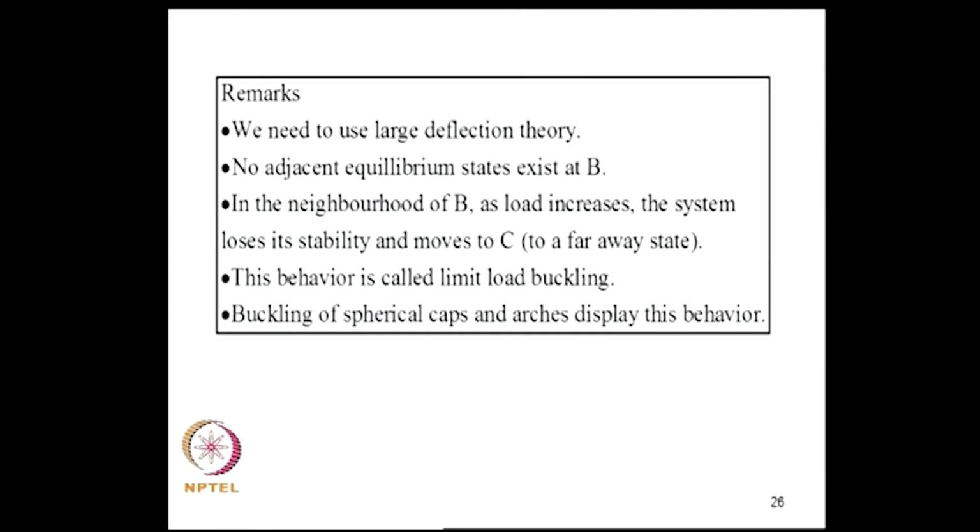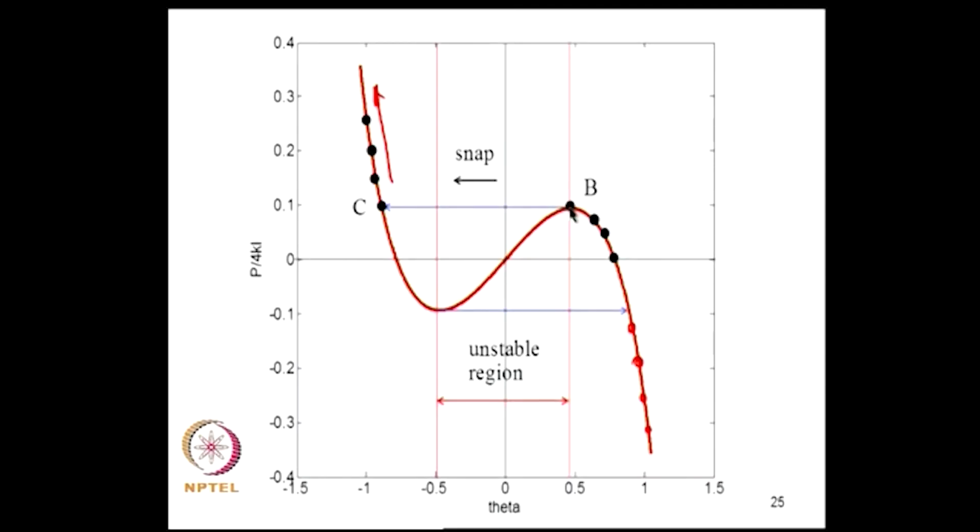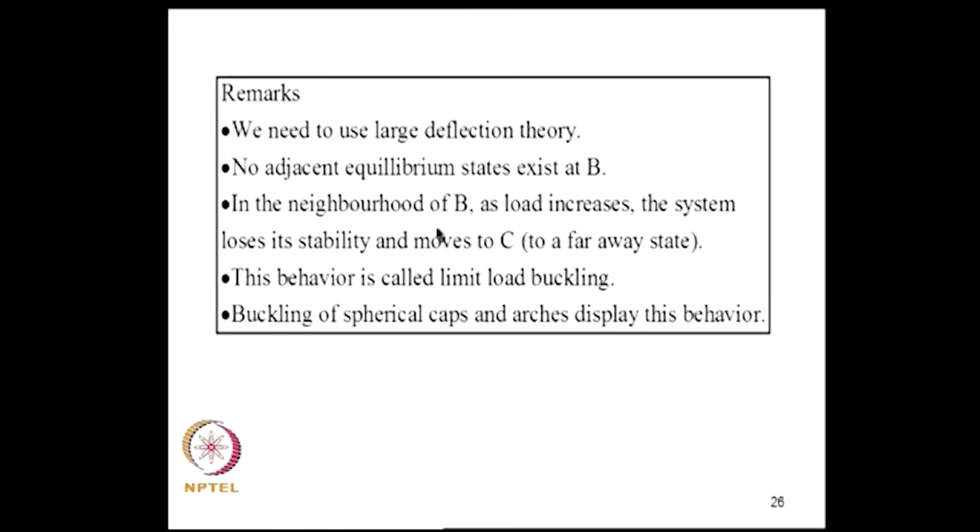Now, we can make a few observations here. To study this problem we need to use large deflection theory. If you linearize you will not get the details of this theory correctly. Here at B there are no adjacent equilibrium positions possible. So, in the neighborhood of B as load increases the system loses its stability and moves to C, to a far away state.